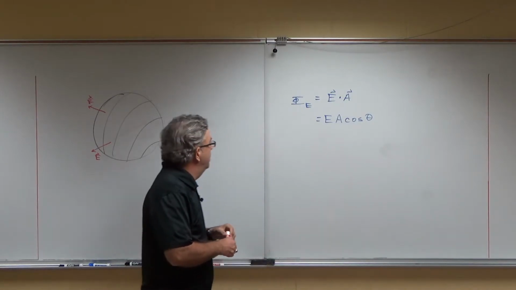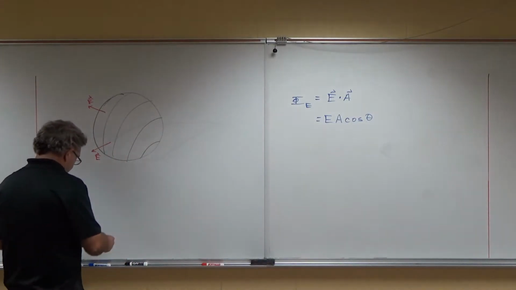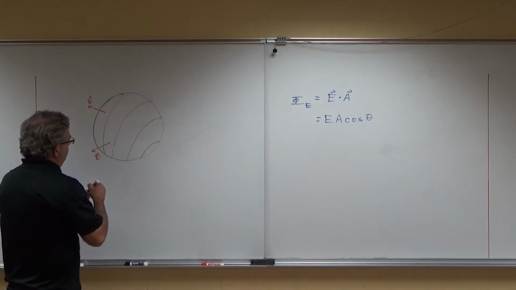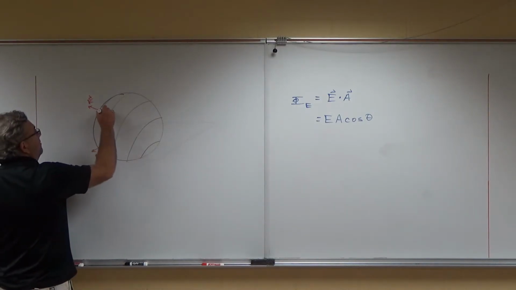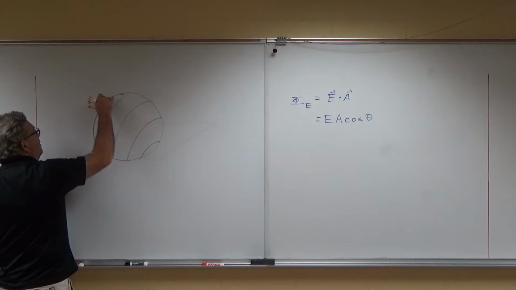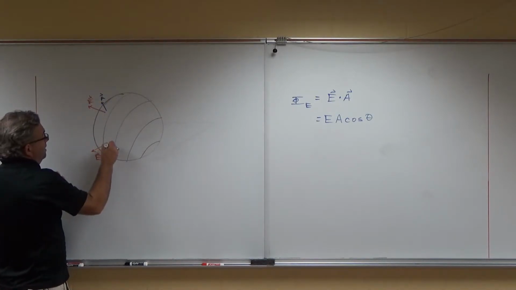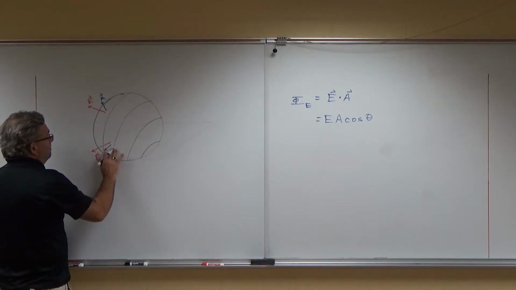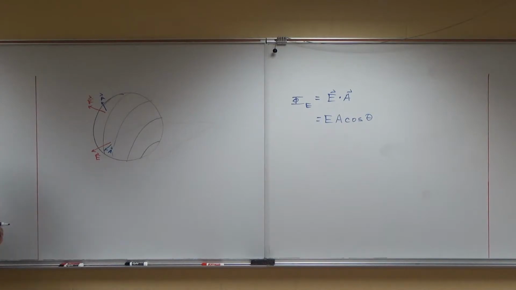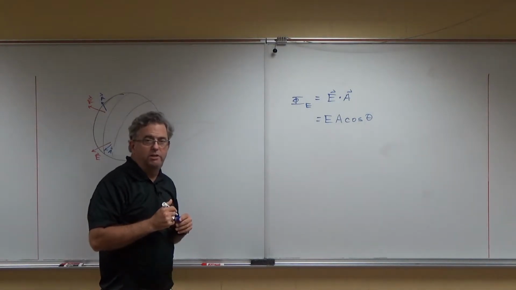Magnitudes may be changing. Here's the little area vector maybe over here, here's the area vector over here, something like that. So this is changing throughout this region.